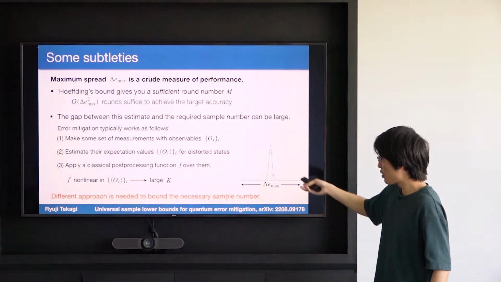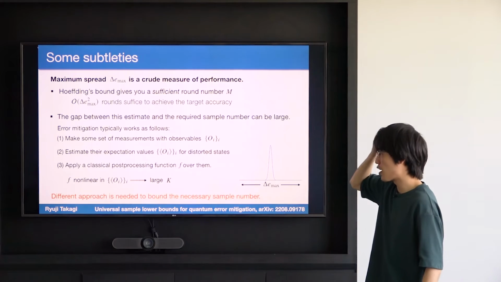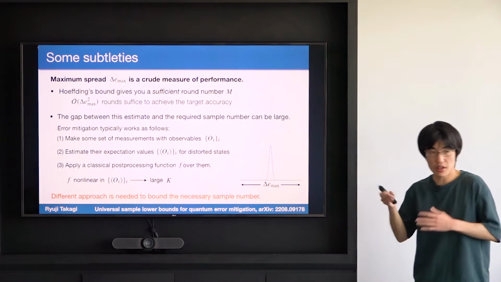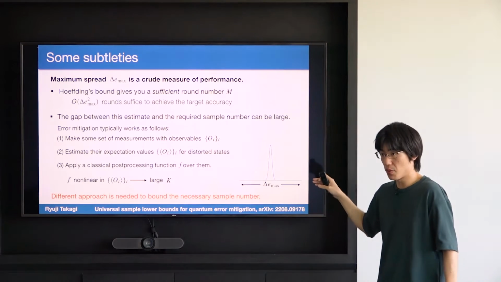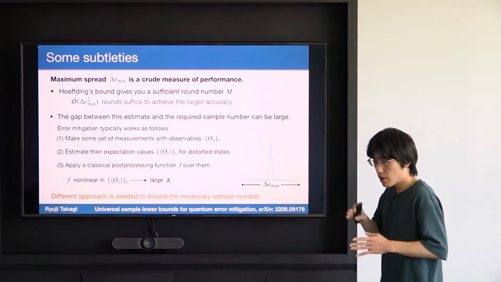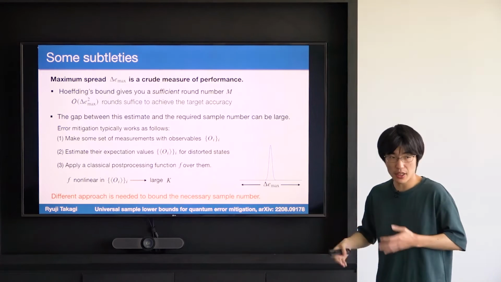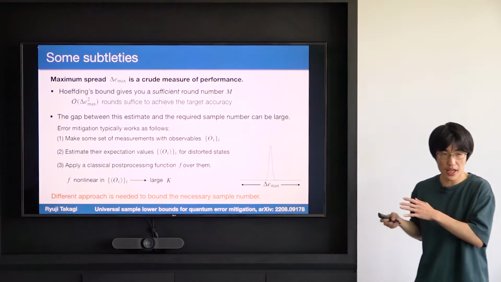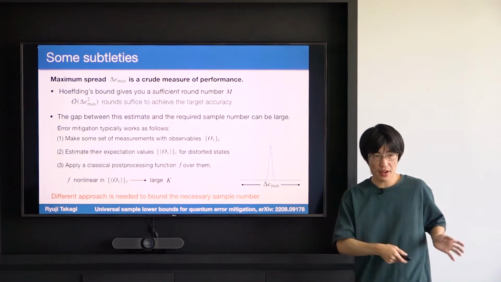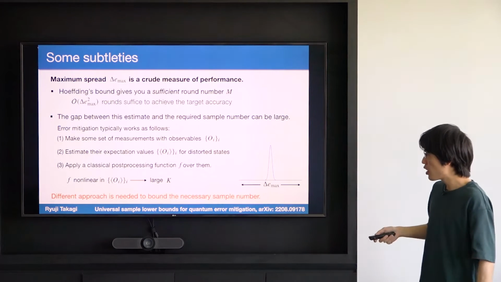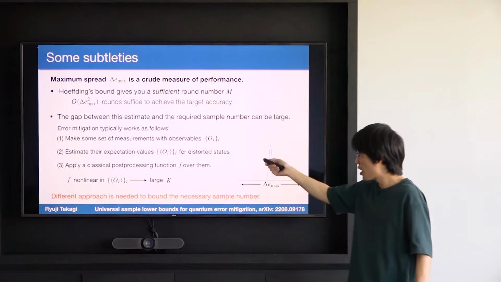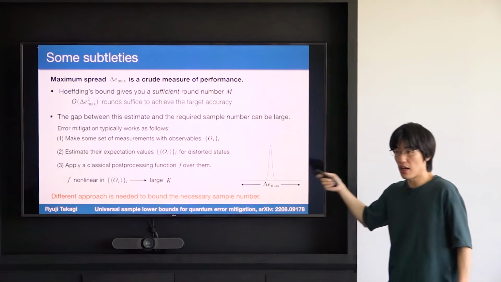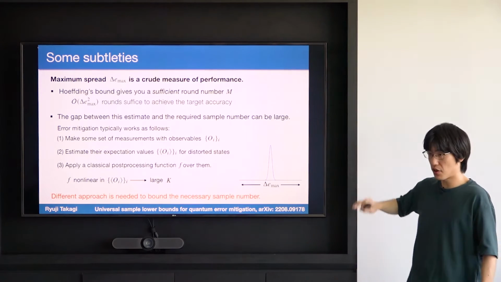Okay, then this post-processing function f, if this is a linear function with respect to the expected values of these observables, then the order of taking the sampling average doesn't matter. You can take the sampling average before and after in either way. But if this f is highly nonlinear, then you have to first take this expectation value, then apply this function f.